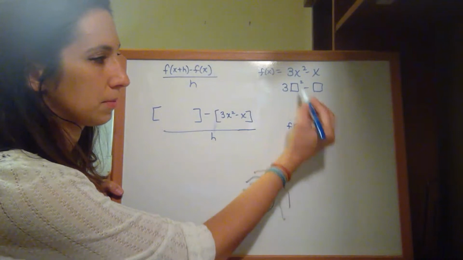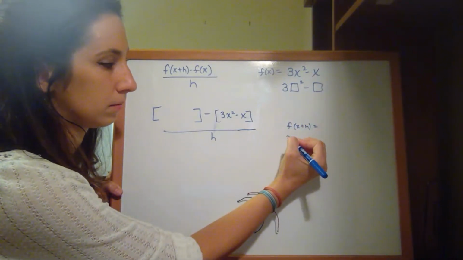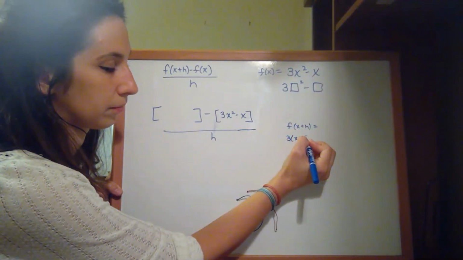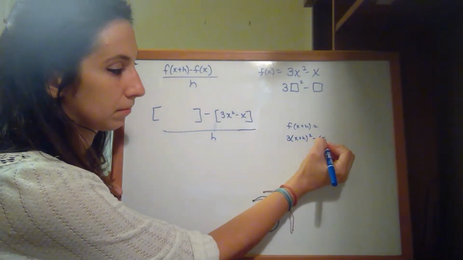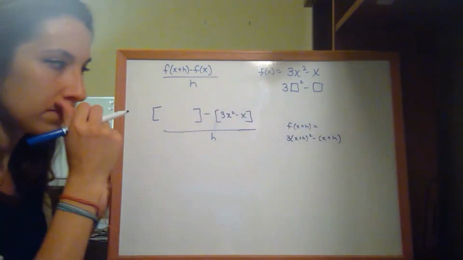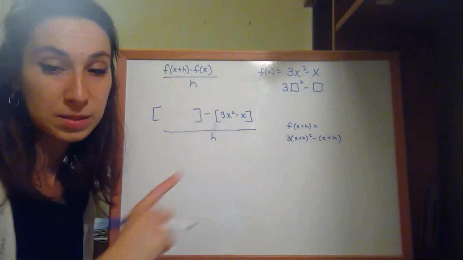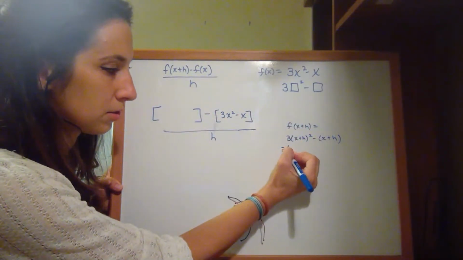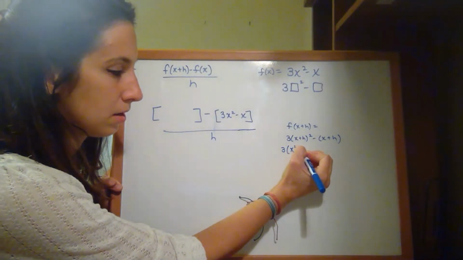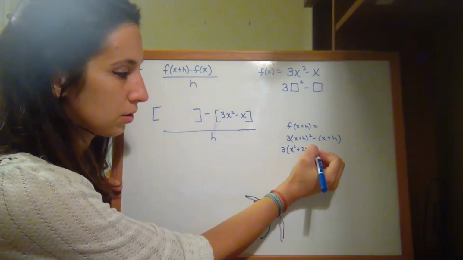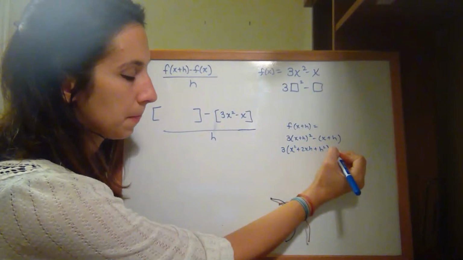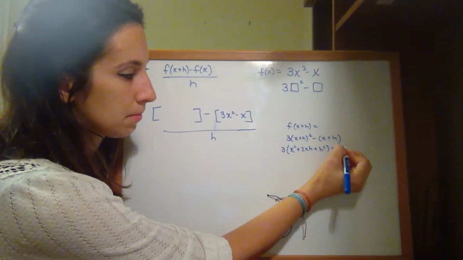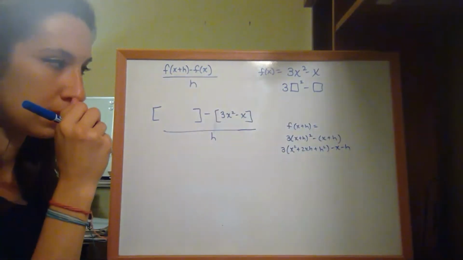So I'm going to put it here and here. Now we just did the expansion for x plus h, so I'm going to skip ahead and write down x squared plus 2xh plus h squared, and then minus x minus h. I distributed that negative.